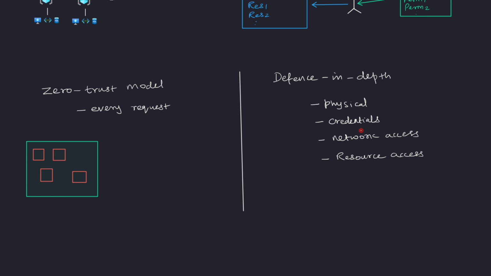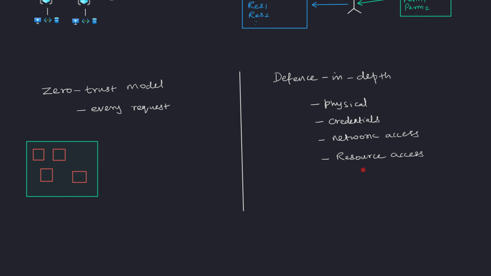And then let's say we have a VM within Azure, and that VM will usually be within a network. And if you want to access that VM, even though you have credentials, you should have access to the network that it is part of. If you can't access the network, then you can't access the VM either, right? So that is another layer.